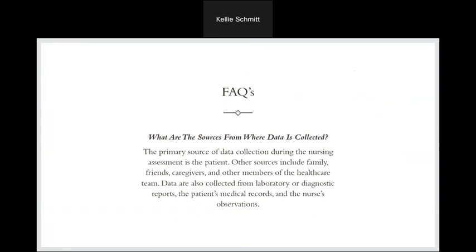How do we know that the data that we collect is accurate? We can ask the patient additional questions. We can compare objective and subjective data to see if there are any discrepancies. We can recheck the data by repeating the assessment, and we can verify data with other members of the healthcare team.